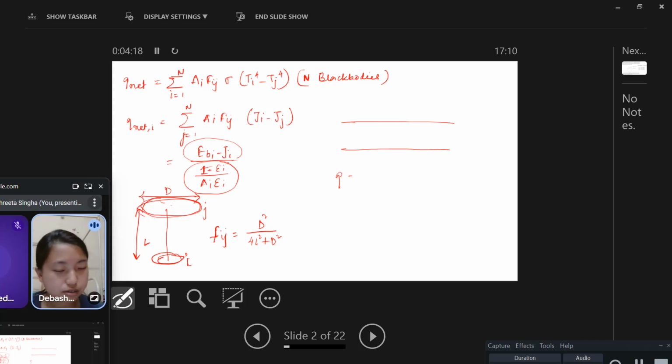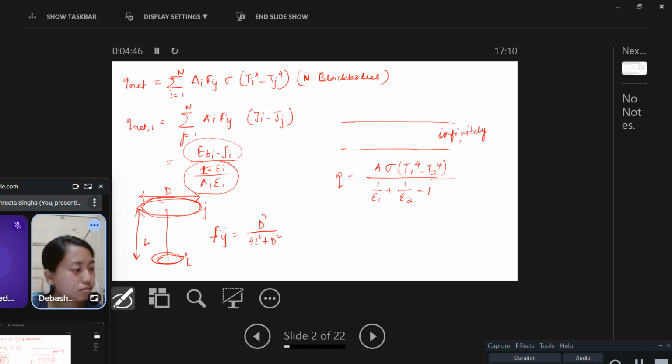So Q can be given as, for long parallel plates. So we'll start with today's numericals.